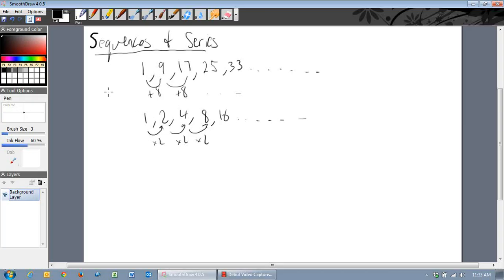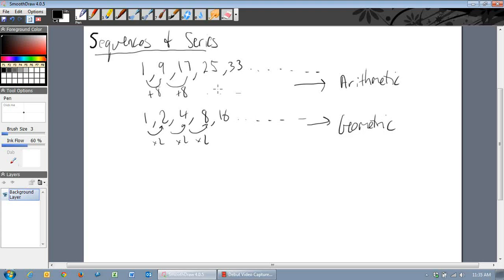And so when we're adding 8 each time, we call this an arithmetic sequence. And when something is being multiplied, we call that a geometric sequence.